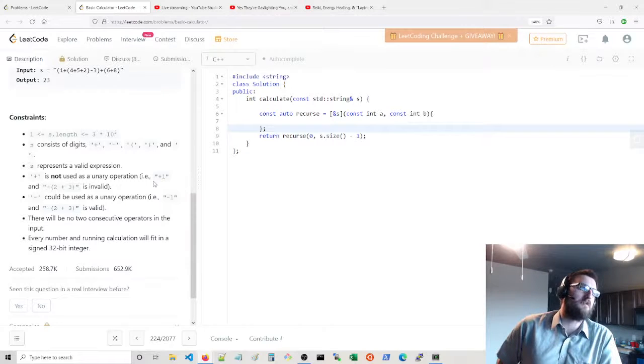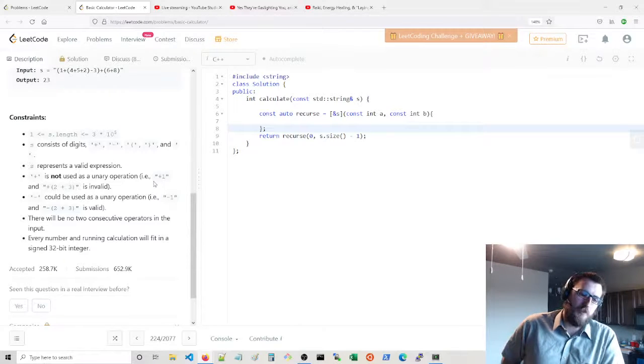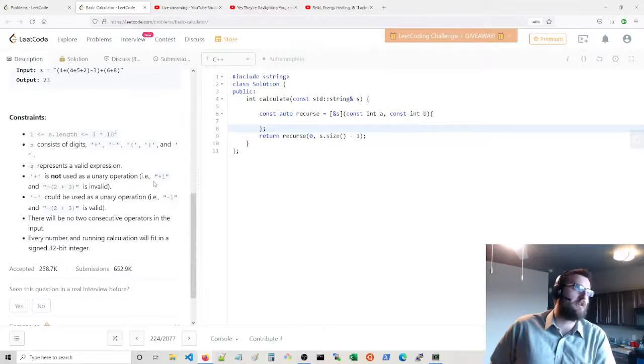And then once you find a number, multiply that number by that sign, and update the sign back to positive.